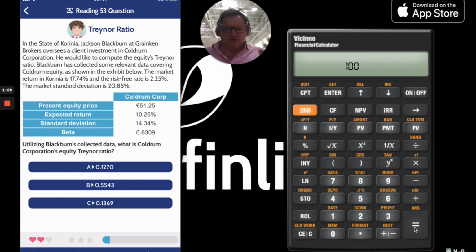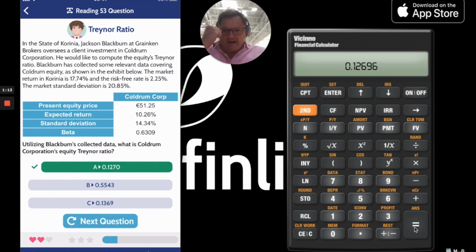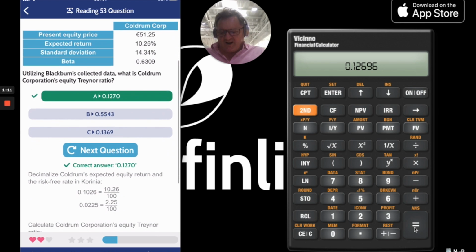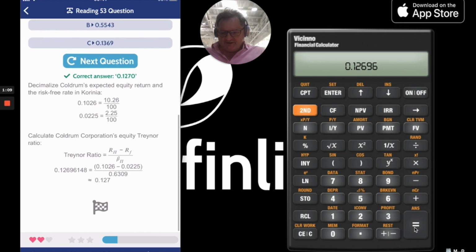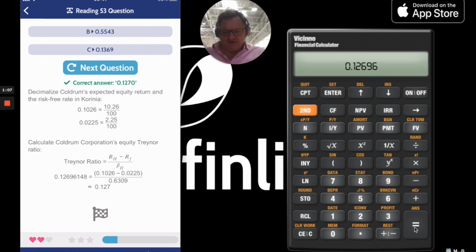In the exam, of course, you do that in your head, but let's just do it properly here. 129696. My calculator is set for 5 decimal places, answers to 4. I think it's A. Again, cross fingers, press the button. Yes! On the way to a star. Fantastic. There's the answer and the calculation and the equation.